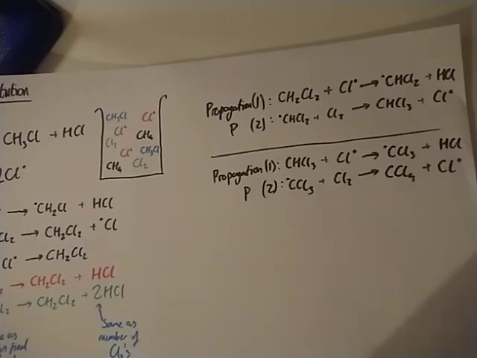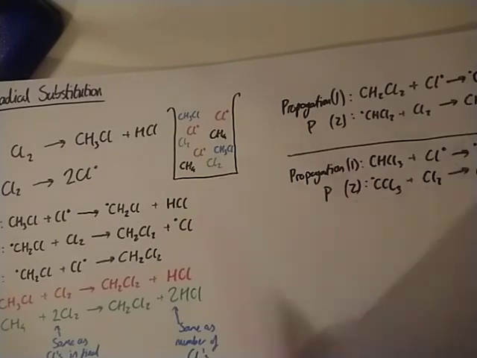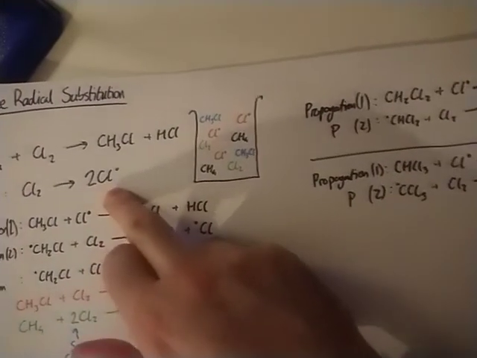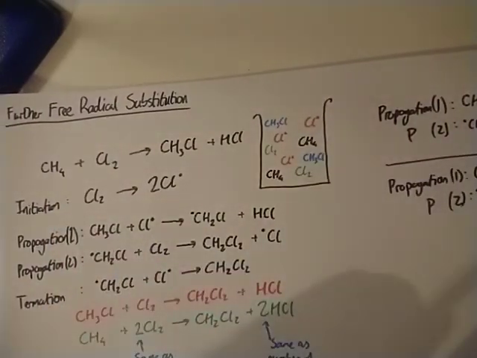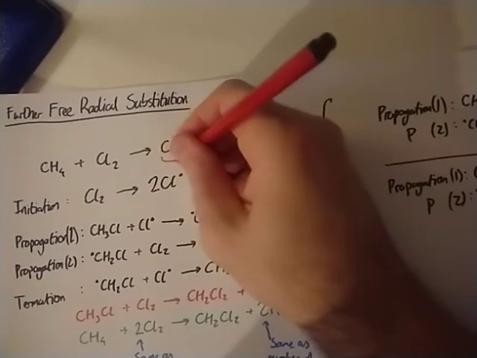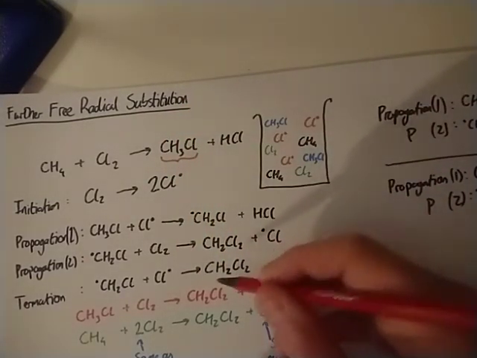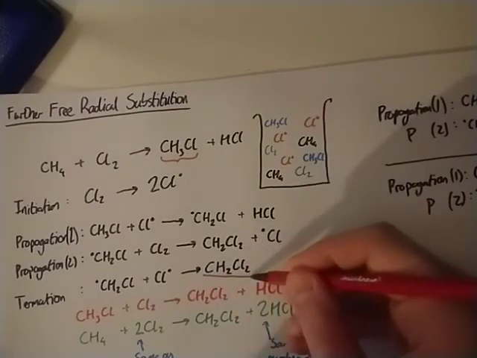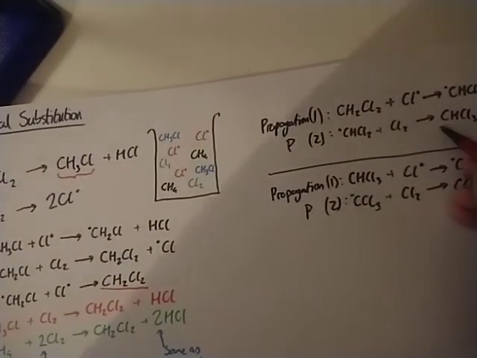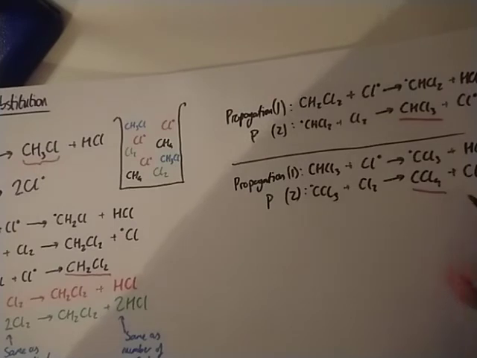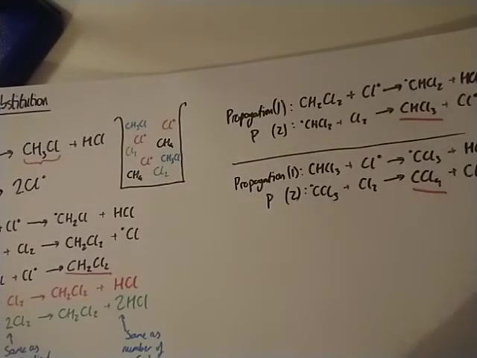So, when you've got your initial reaction mixture and you do free radical substitution, and you've made these chloride radicals in the initiation step, which never changes, you are making a mixture of chloromethane, dichloromethane, trichloromethane, and tetrachloromethane.